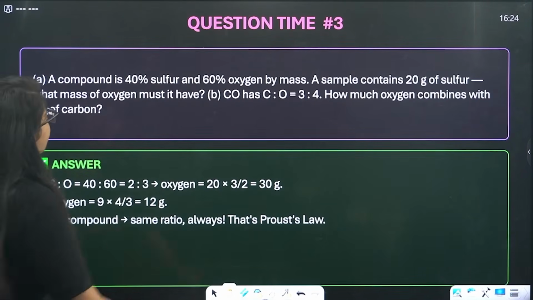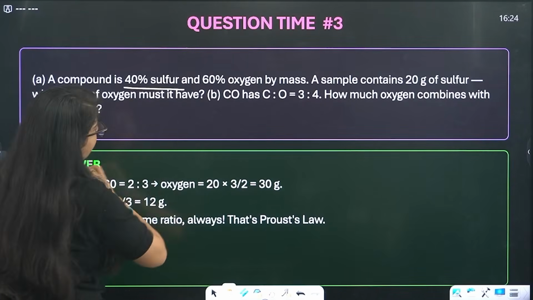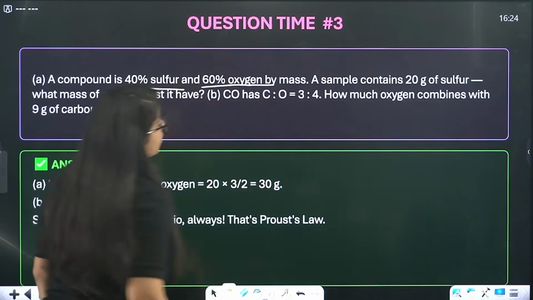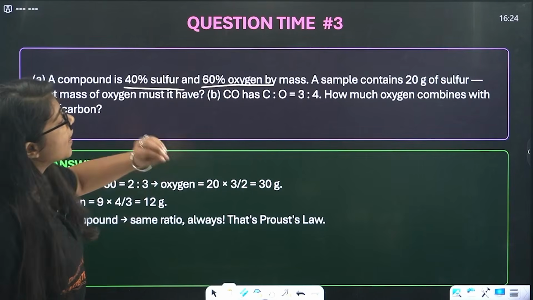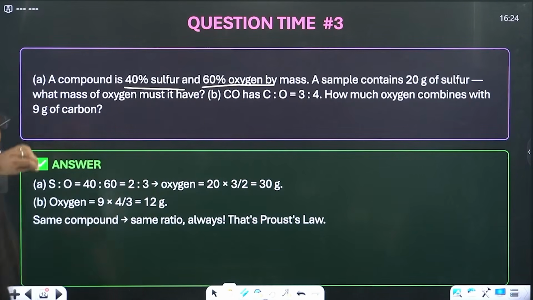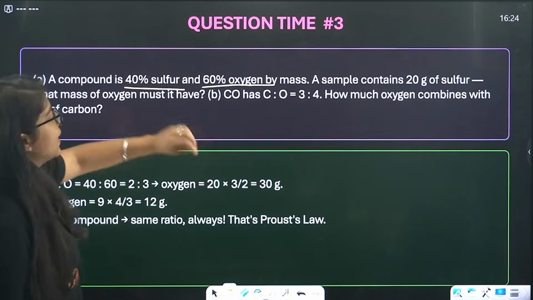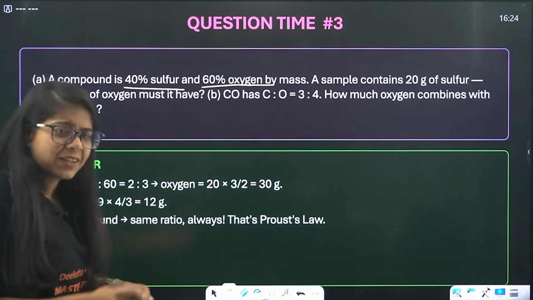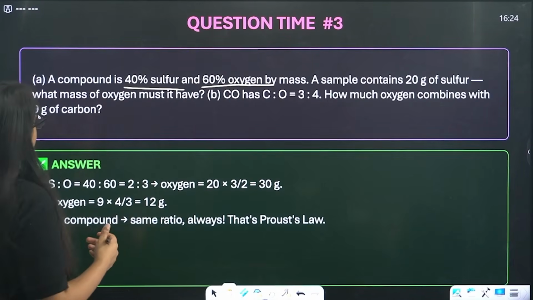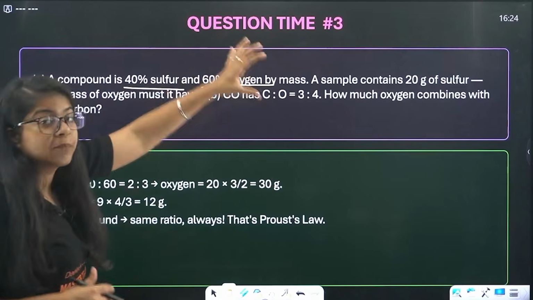A compound is 40% sulfur and 60% oxygen by mass. A sample contains 20 gram of sulfur. What mass of oxygen must it have? That's the question. A little bit difficult, I will say, but just go through the maths of it.